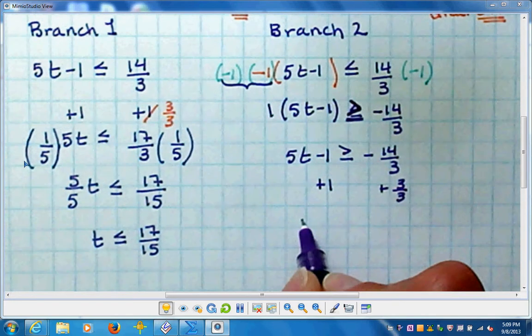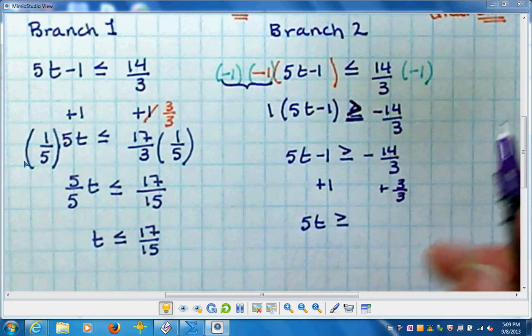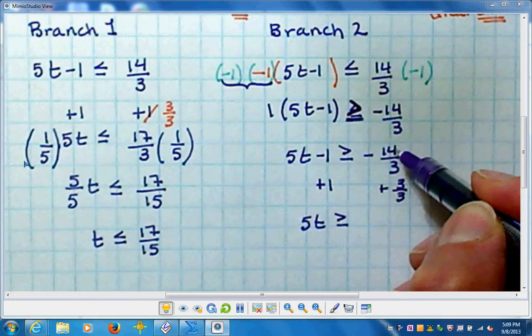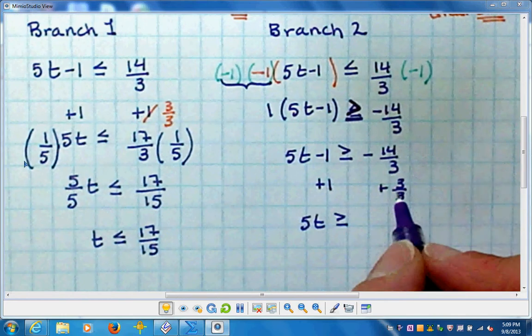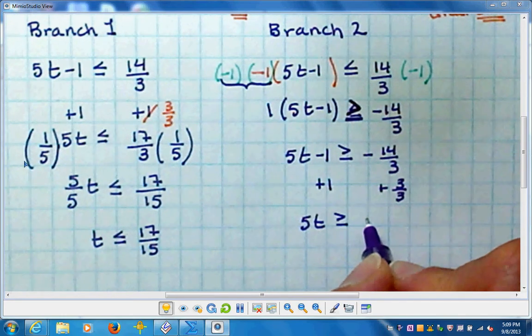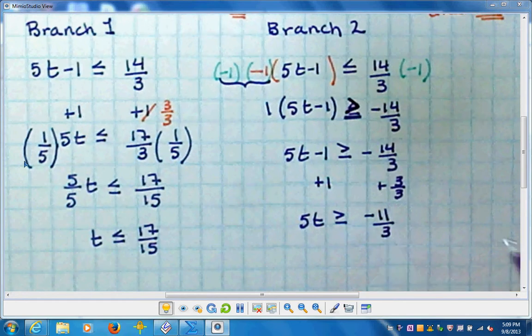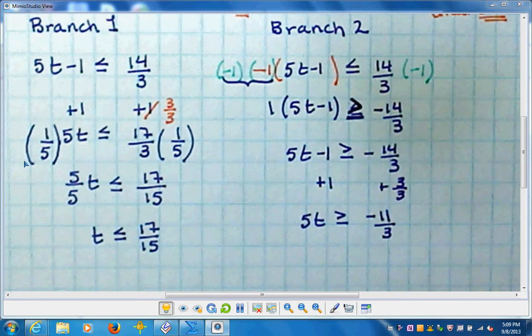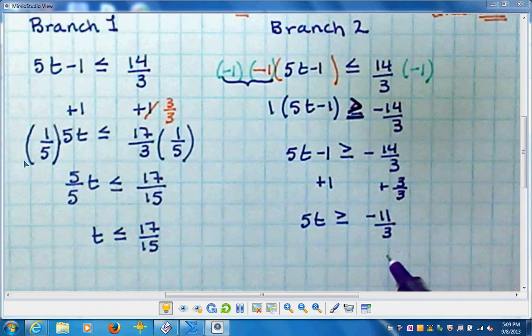So that gives me 5t is greater than or equal to, well, I have -14 plus 3. So that gives me -11 over 3. Now just like on the other side, I don't want to divide by 5, because then I'll have this fraction divided by 5, and that's just kind of hard to deal with.